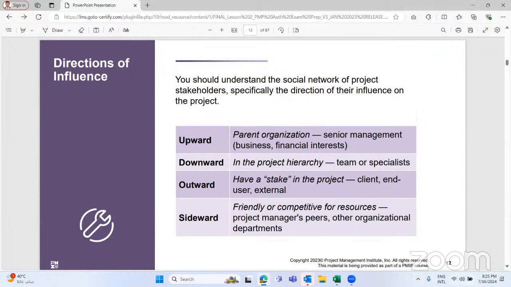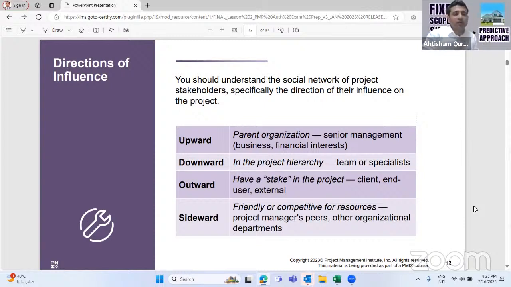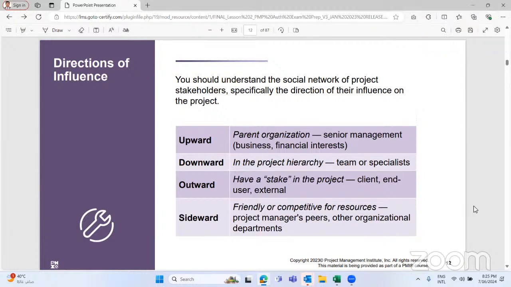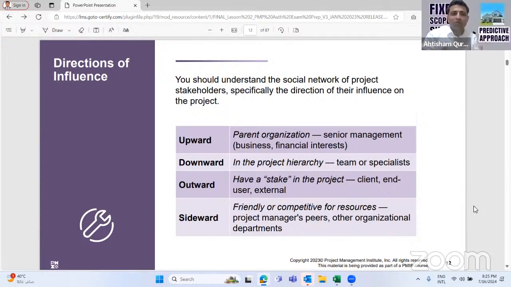Some of the influence is sideways, because you are doing a project in the organization, and your colleague, another project manager, is also doing a project in the same organization, right? So you could have some give and takes with those project managers. Your project work may influence their project work because both projects are done within the same organization. We work in the same system. You remember systems thinking?